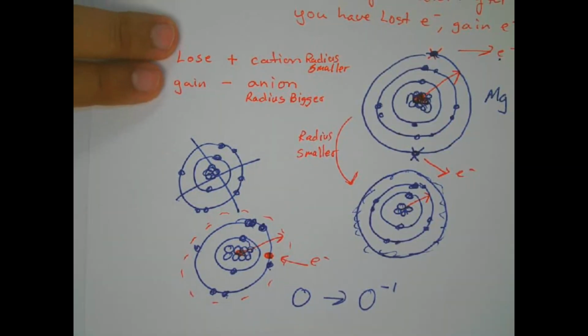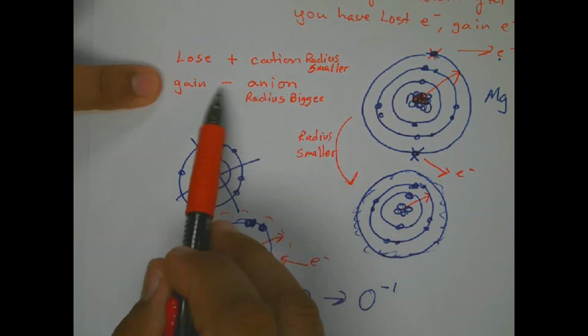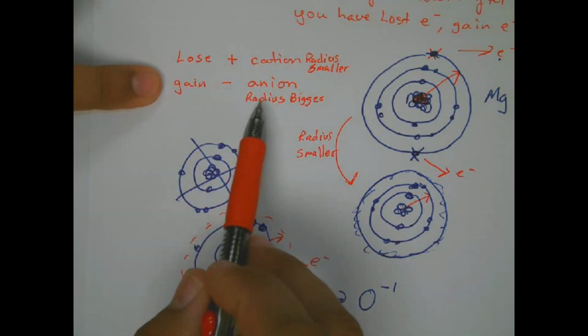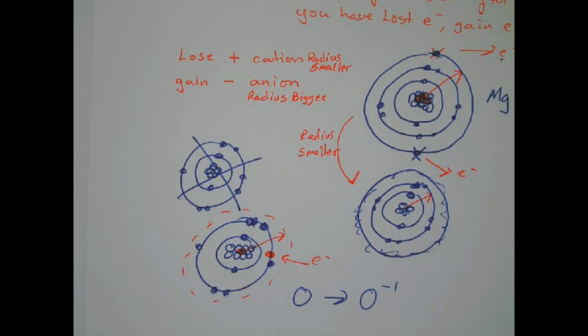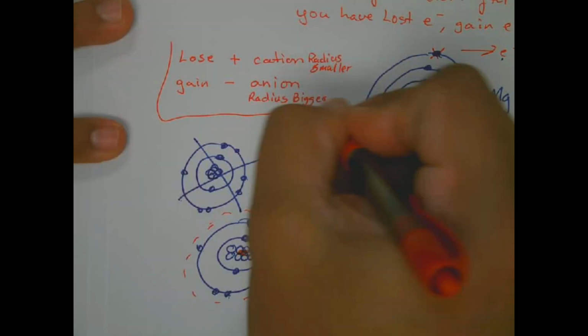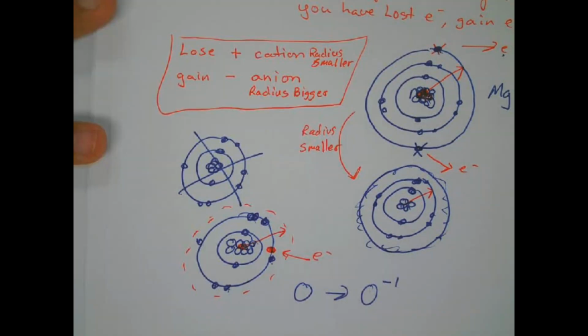Those are important notes right here. These two are important notes. When you lose an electron, you take a positive charge, it's called a cation, you get a smaller radius. When you gain an electron and form an anion, you take a negative charge and your radius gets bigger. Okay, that's super important notes there. Okay, so I'm going to square this off to let you know that's important. Okay, you need to know that.